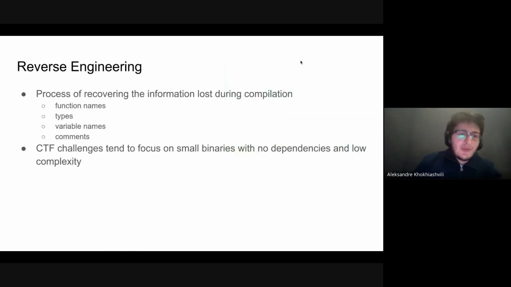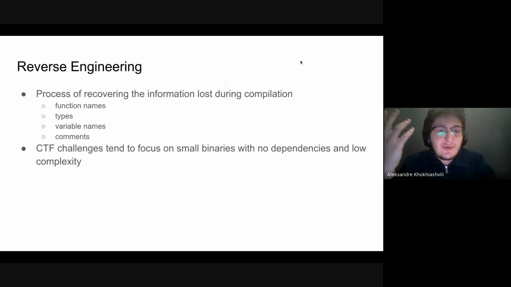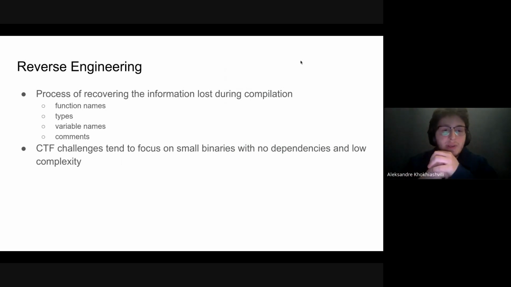So a quick reminder on what reverse engineering is. Reverse engineering is a process of recovering information which has been lost during the compilation of some specific program or project. This information could be function names which were in the original source code, the types or structures or field names as well.